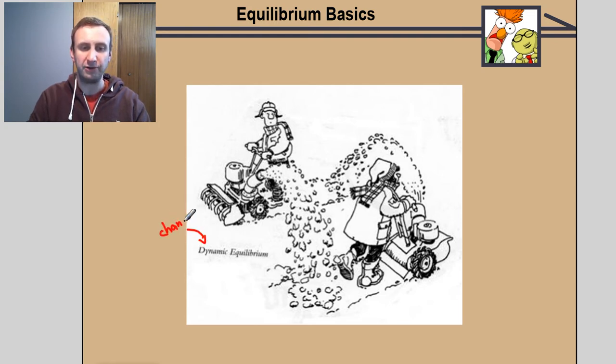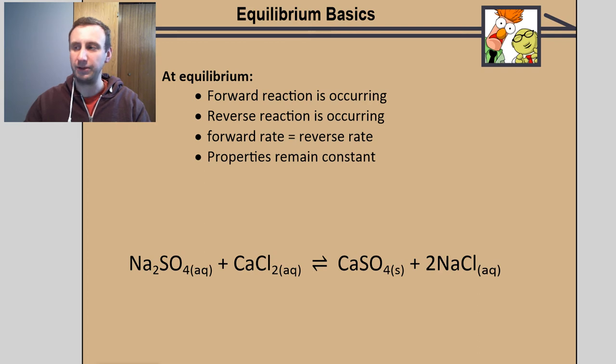So I have change in terms of what particles are products and which particles are reactants, but my concentrations are staying equal. So another way of looking at this is that the rate of the forward and reverse reaction is staying the same. This is somewhat confusing to try to understand, but here's the basic facts.